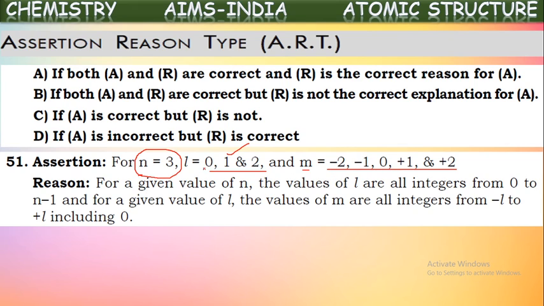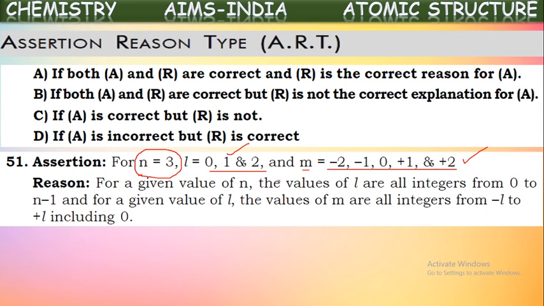If L is equal to 0, m value will be 0. If L is equal to 1, m values will be from minus 1 to plus 1. If L is equal to 2, minus 2 to plus 2. So this is also correct. Assertion is correct. Now, let us see the reason. For a given value of n, the values of L are all integers from 0 to n minus 1.